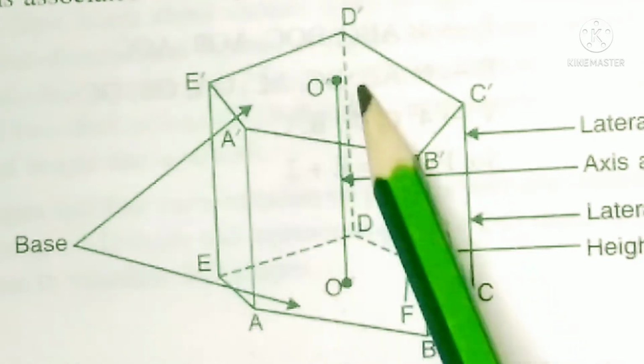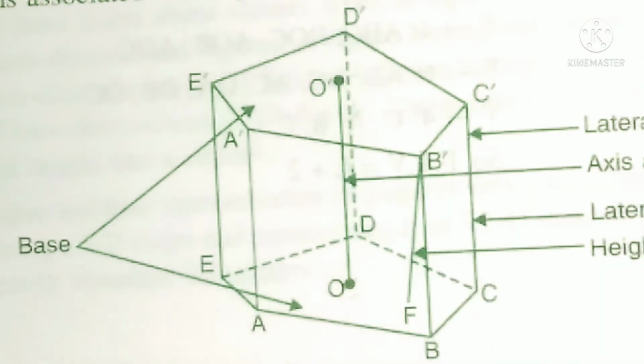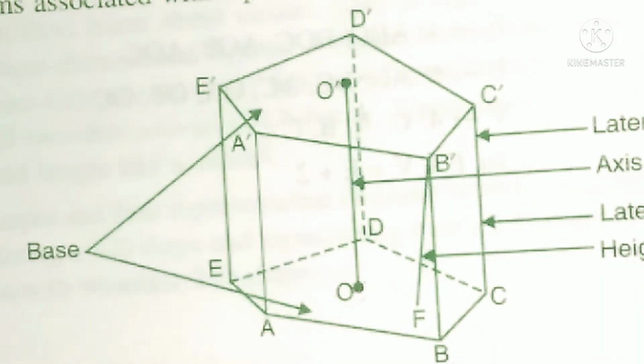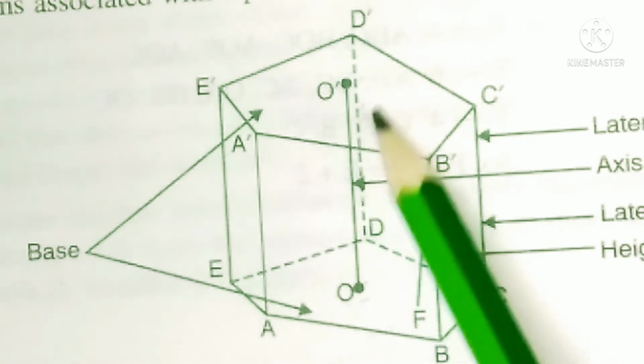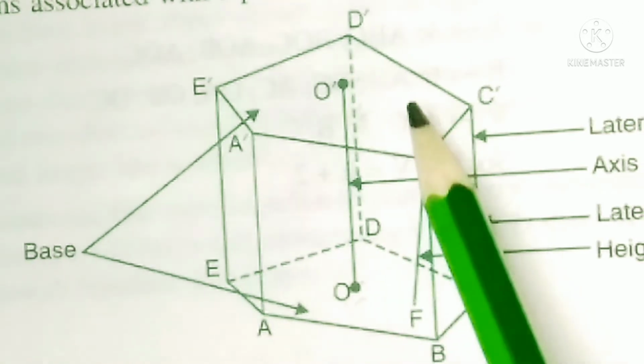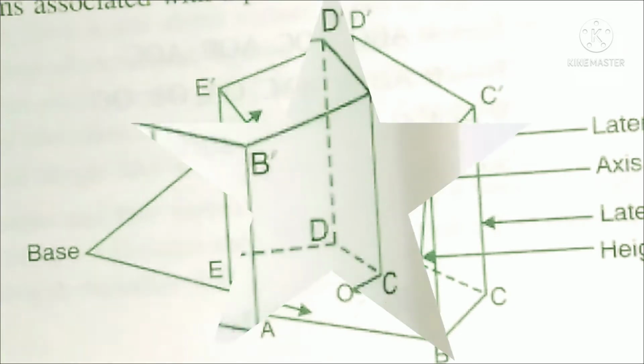If the bases of a prism are regular polygons, such prisms are called regular prisms. So regular prisms are the prisms in which the bases are regular polygons.